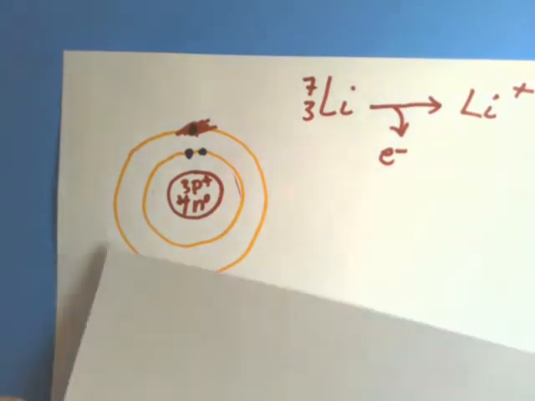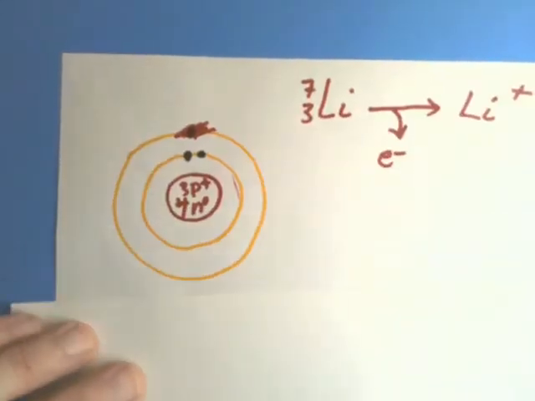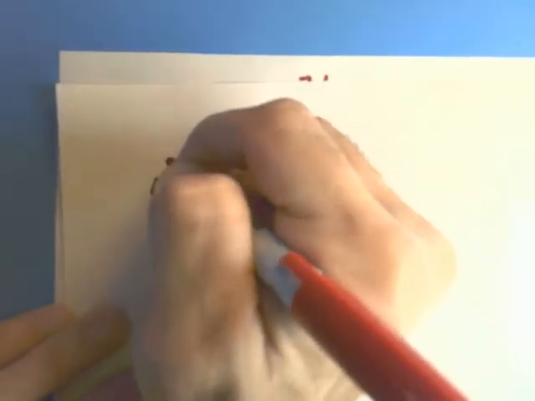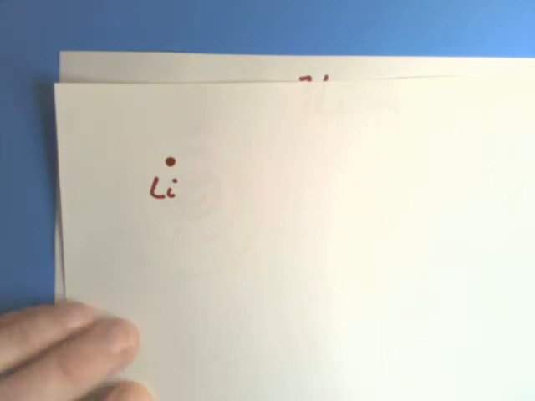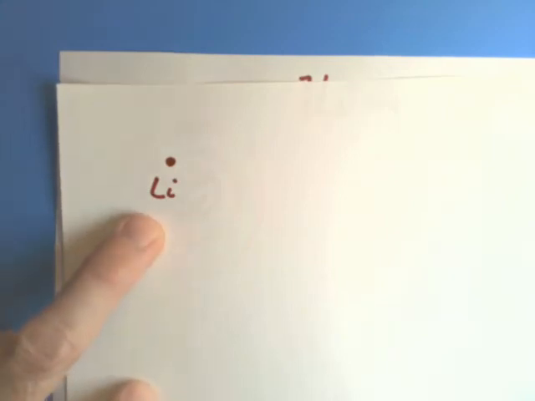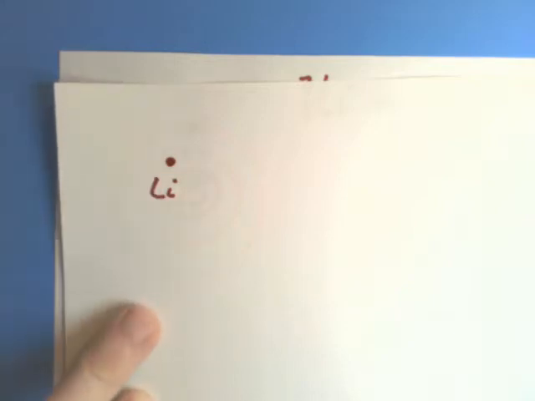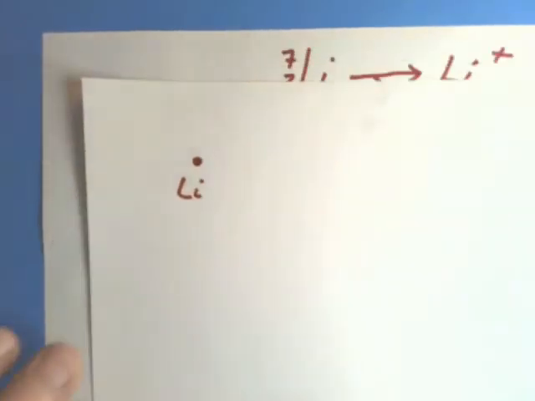So maybe instead of drawing a lithium atom with 1, 2, 3 electrons, I could just draw it like this. It's lithium, so I can look up how many protons and neutrons it has if I wanted, and I put that one dot out there.